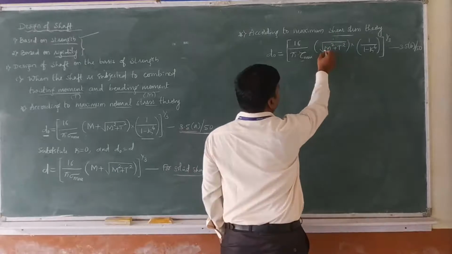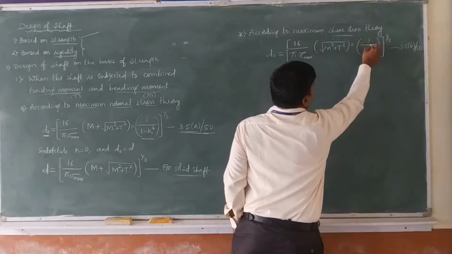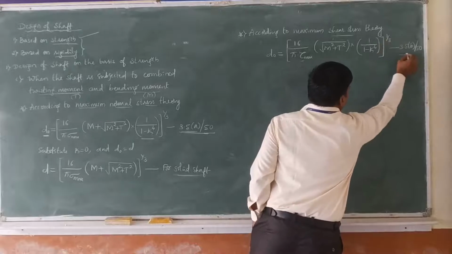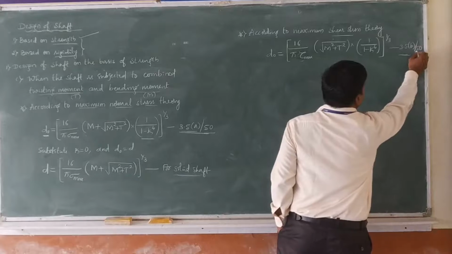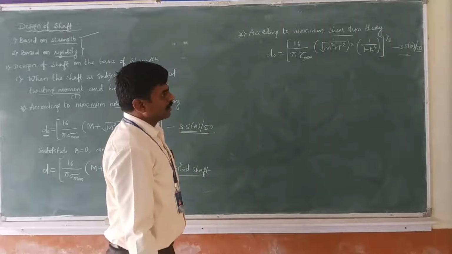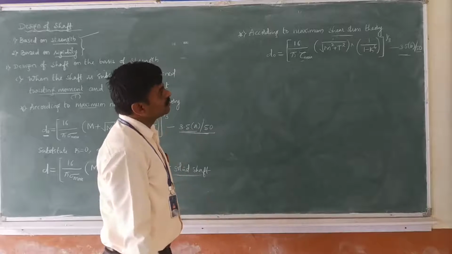Within the bracket term, square root of M square plus T square, into 1 divided by 1 minus K raised to 4, whole raised to 1 by 3. This equation is also available in the data handbook on page number 50, equation number 3.5b. Now how to modify it for the case of a solid shaft?